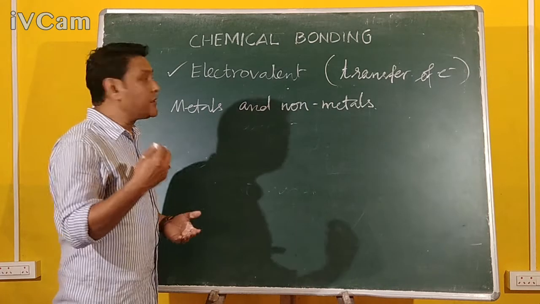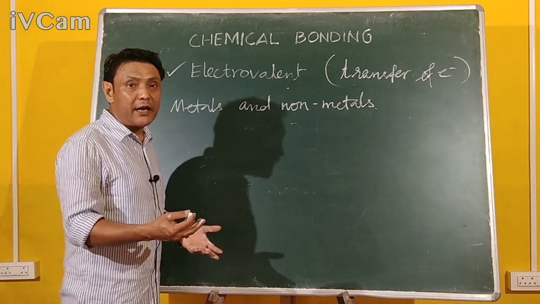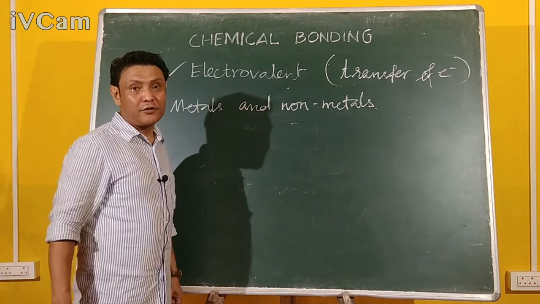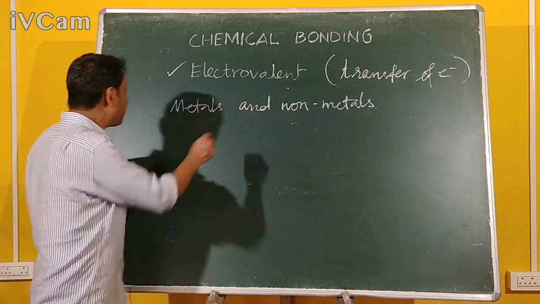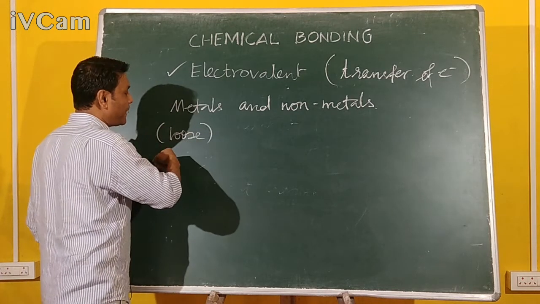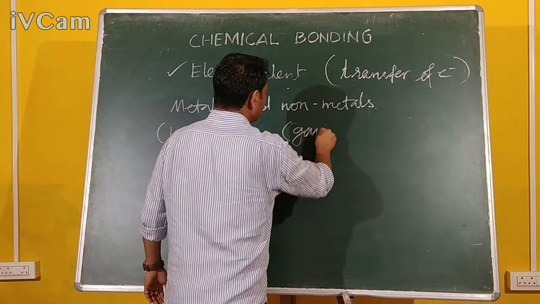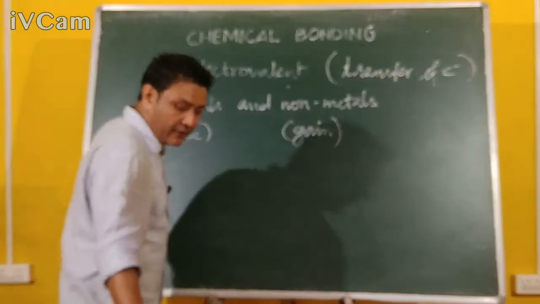So when we say transfer of electrons, we are confused. Who receives electrons and who donates electrons? Metals always lose electrons, okay? And non-metals always gain electrons.